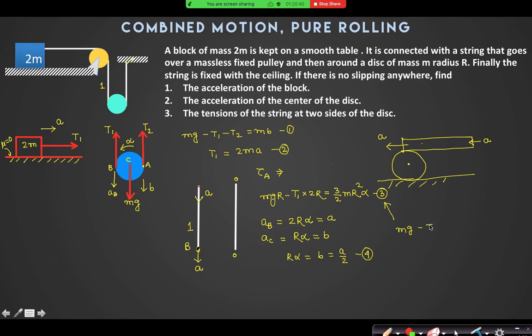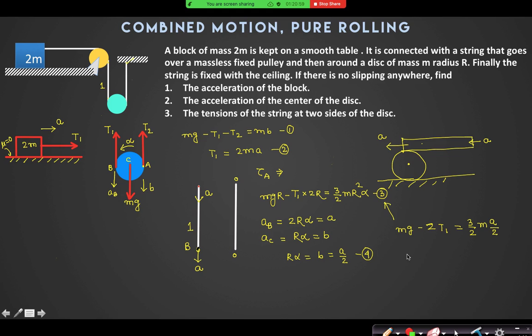Mg minus 2T1 is equal to 3 by 2 Mr alpha, M into B or M into A by 2. So 3Ma by 4.